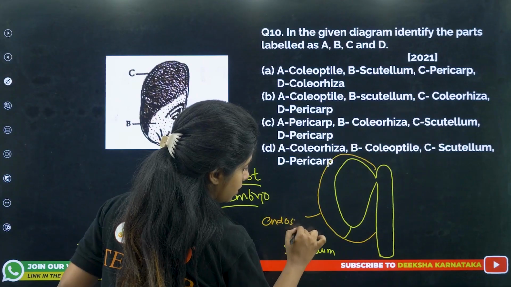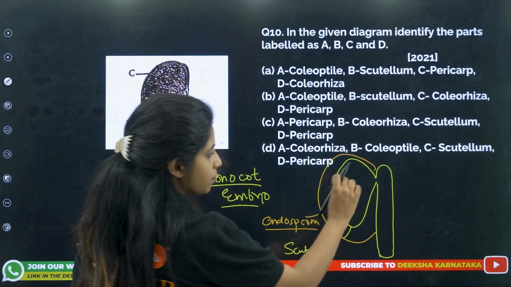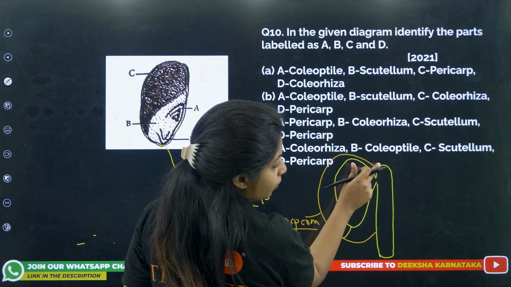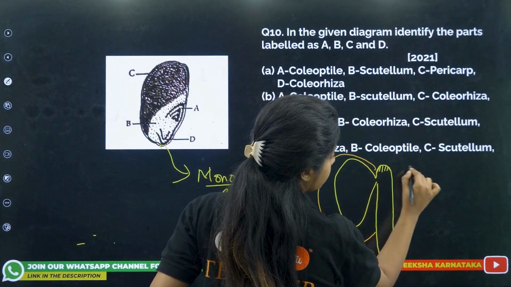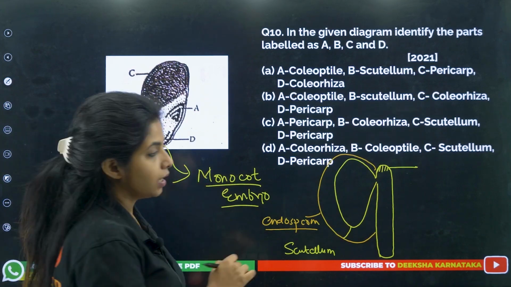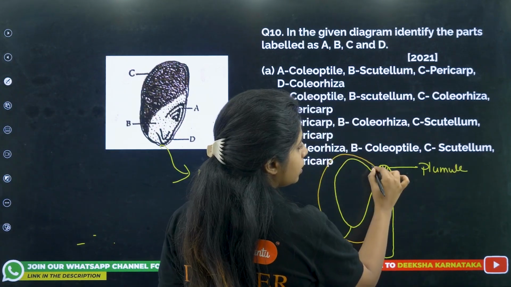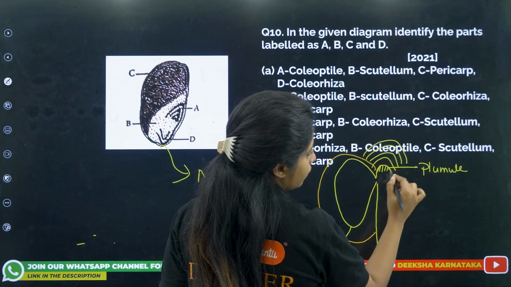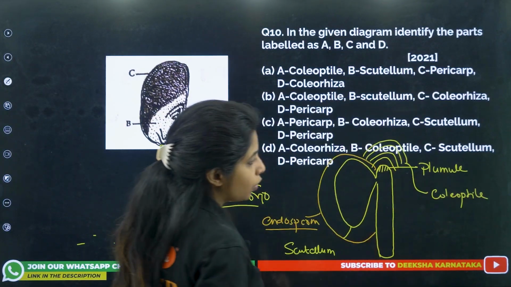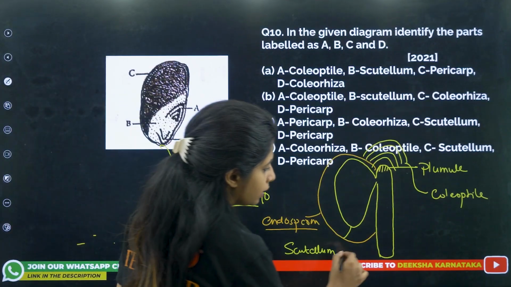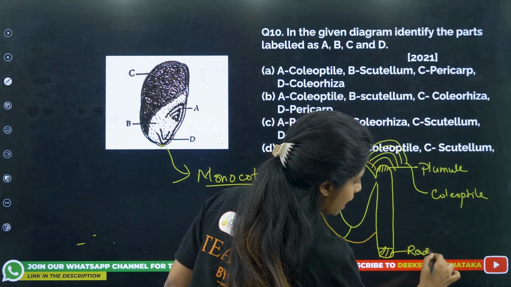At the tip you have a region which gives rise to the shoot, known as plumule. Plumule is surrounded by tissue known as coleoptile. Over here at the end you have the root tissue known as radicle.